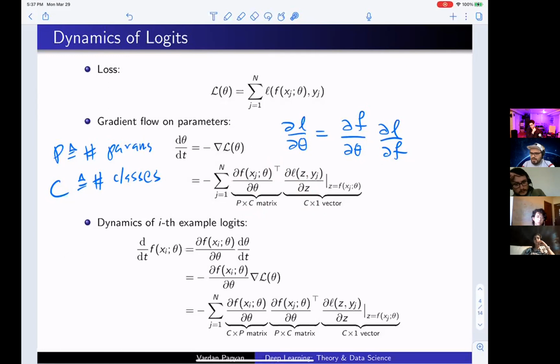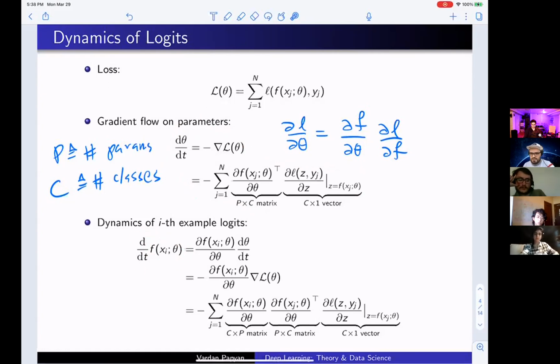Now, imagine that we track the dynamics of the logits of the ith example as induced by the gradient flow on the parameters. So basically, the gradient flow on the parameters is changing the parameters of the model, but as you change the parameters of the model, your logits are changing, right? So the logits have a certain derivative with respect to time.